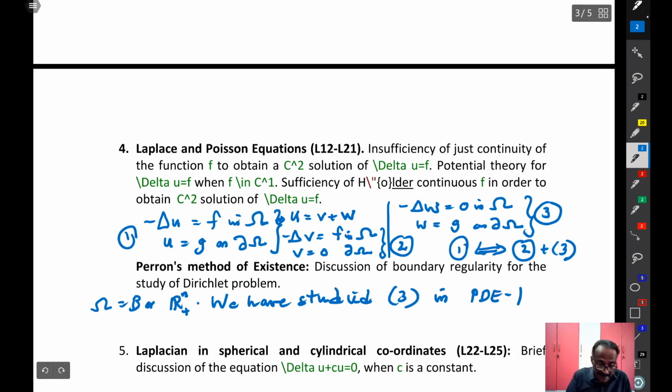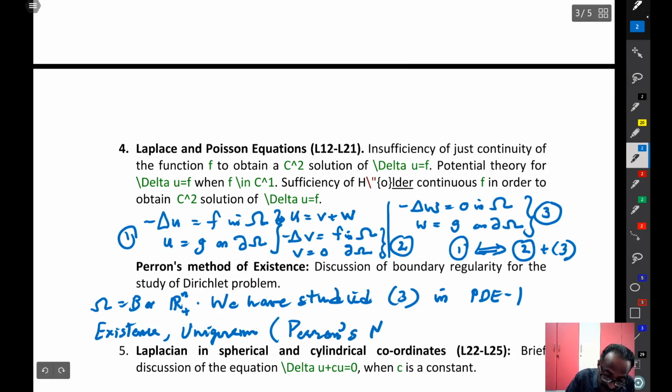So what we will do is existence and uniqueness, not in full discussion, but in a more general setup, outside that, and that is via Perron's method. We will spend some time, and again we will not do it in a very detailed way, but we will try to introduce what is called Perron's method.